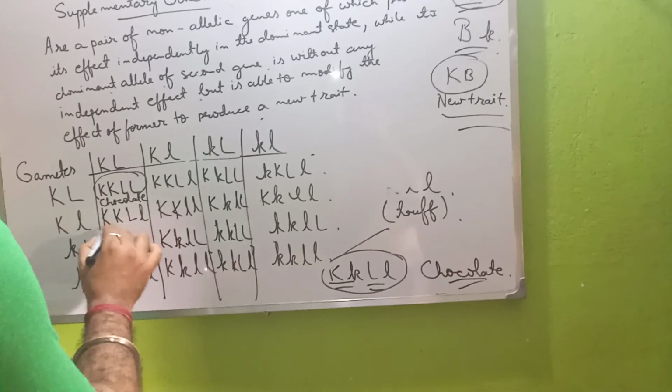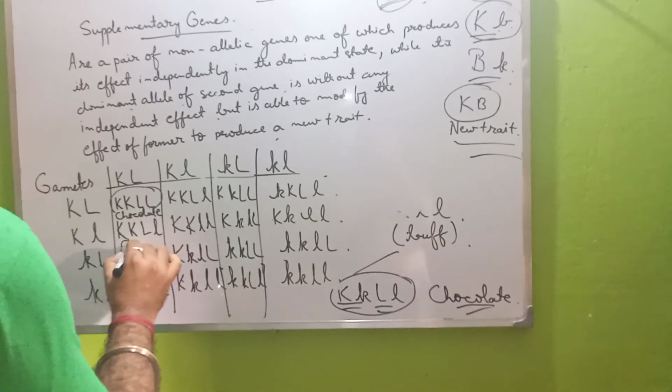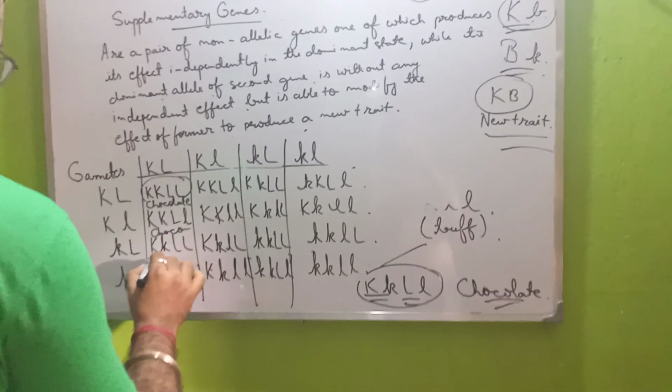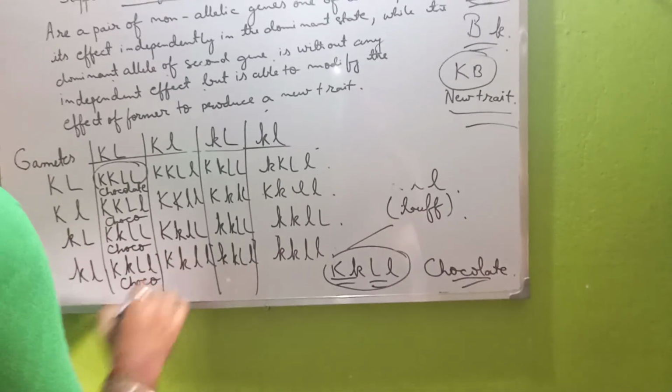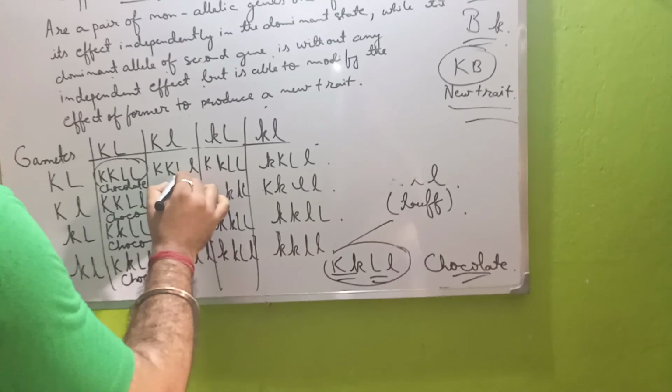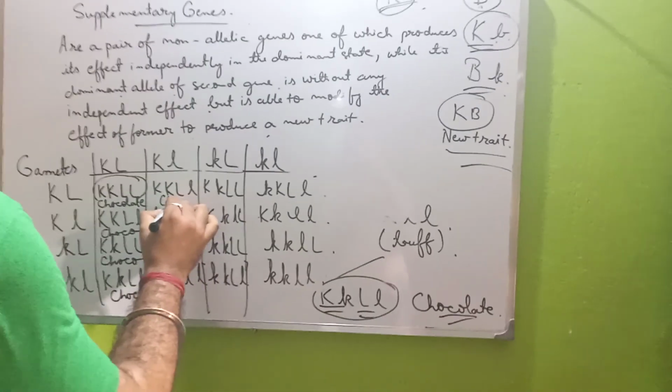Similarly, over here one allele is capital L and this is capital K, so this will also be chocolate color. This one will also be chocolate color. This one will also be chocolate color. Over here one capital L is present and the dominant gene K is present, so it will be chocolate color.